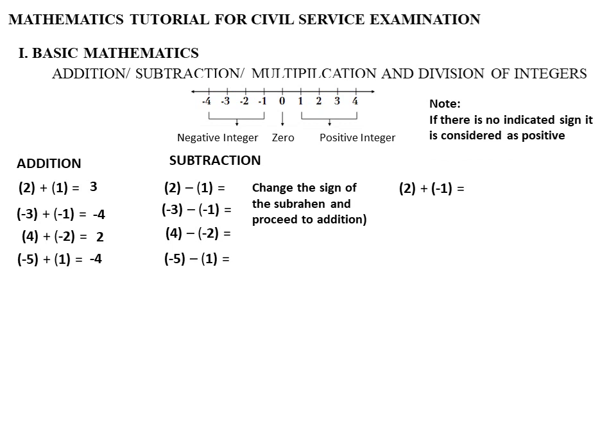So from this one, change the sign of the subtrahend, convert to negative, and change it to addition. 2 plus negative 1 equals positive 1, since this is higher than this one, we will adopt the sign.